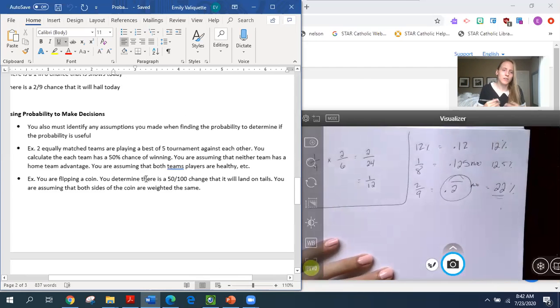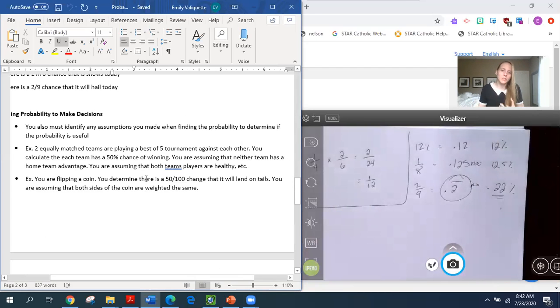When you are going to be using these probabilities to actually make decisions, you do want to make sure that you identify any assumptions in that. So for example, if you're flipping a coin, you assume that the coin's not weighted.